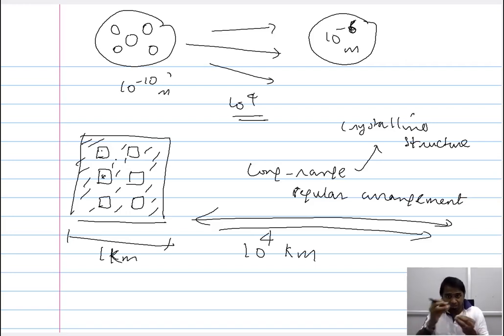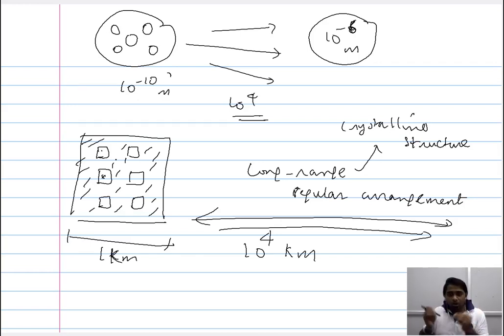And the same we have seen in this example. If we have a neighborhood that is just 1 kilometer, it should be extended to 10 to the power 4 kilometers, meaning 10,000 kilometers. Only then can we refer to it as the long range regular arrangement of the atoms.